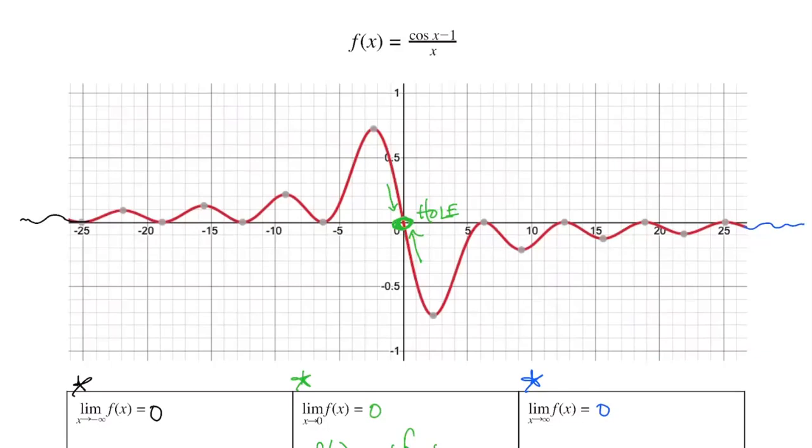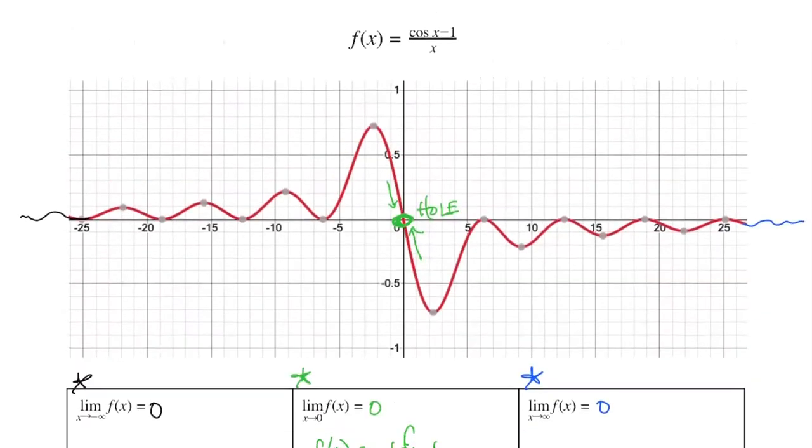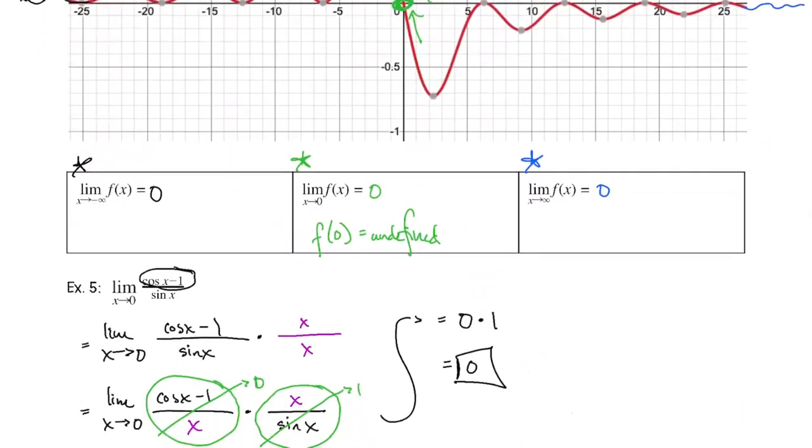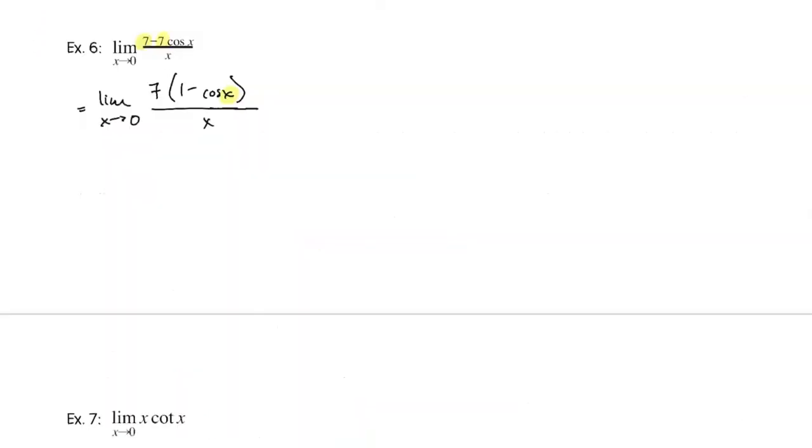Winner, winner. So that -1, right? We talked about this last week, and it was, I don't know, sort of like a weird trick that maybe we hadn't seen that much in our algebra before. But cosine x minus 1 is so, so close to 1 minus cosine x.